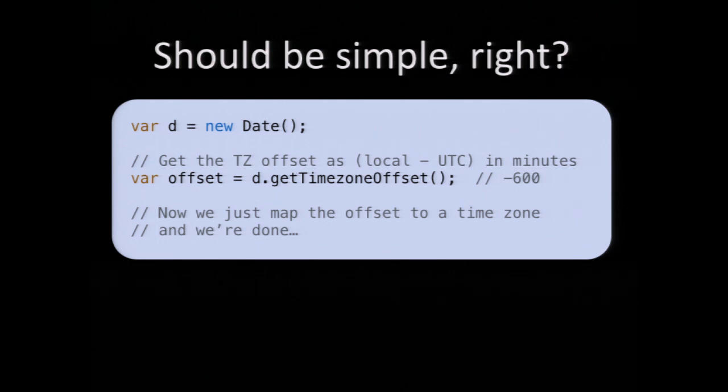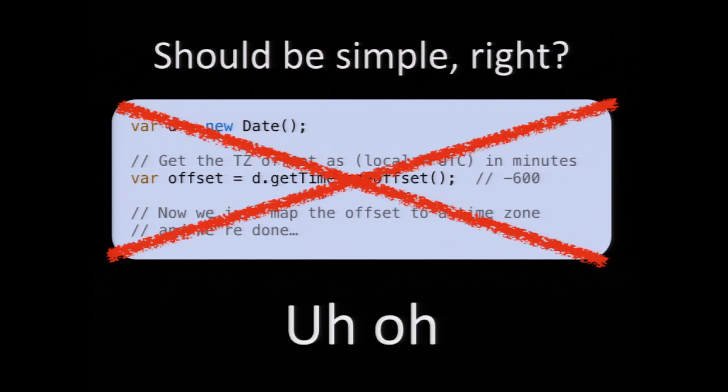So for where we are right now, that returns minus 600. If it was a couple of weeks ago, before we moved out of daylight savings, that would be minus 660. So the idea is then you just map the offset to a list of time zones and just do a quick lookup and we're done. No, not at all. So to understand why this is a problem, we'll take another little detour.